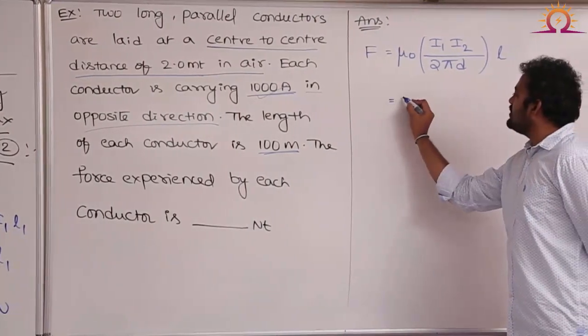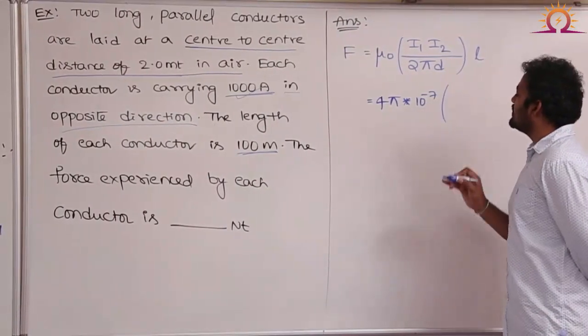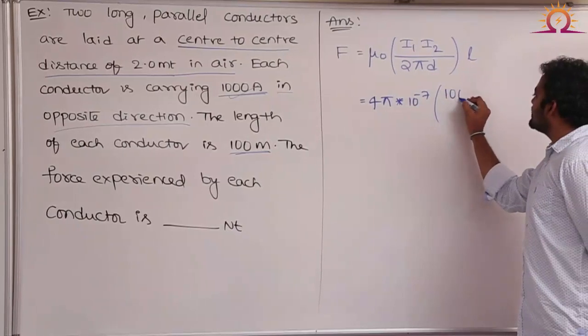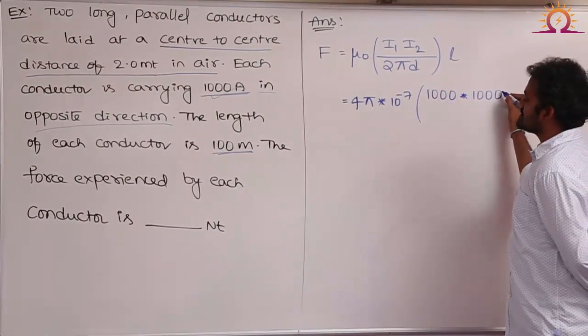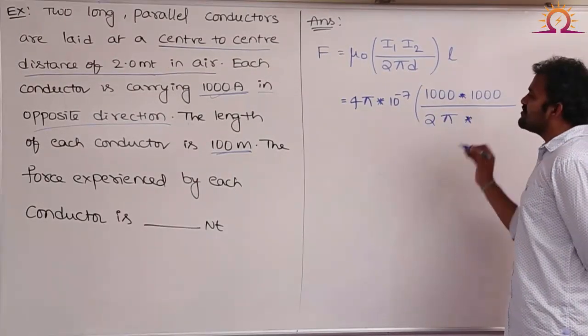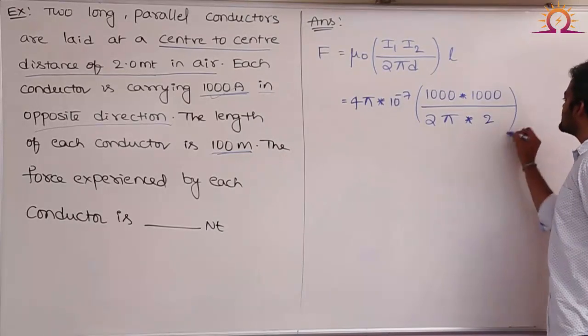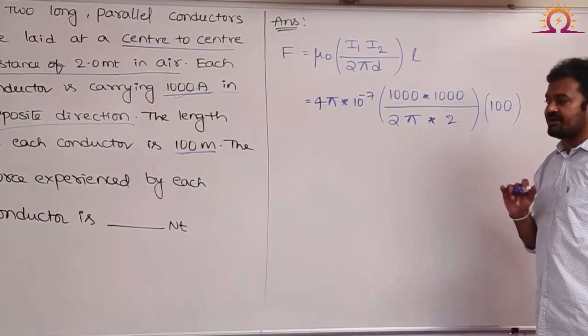We know value of mu naught is 4 pi into 10 power minus 7 into 1000 amperes into 1000 amperes by 2 pi into the distance between the two conductors, 2 meters, into length of the conductor, 100 meters. All are in meters.